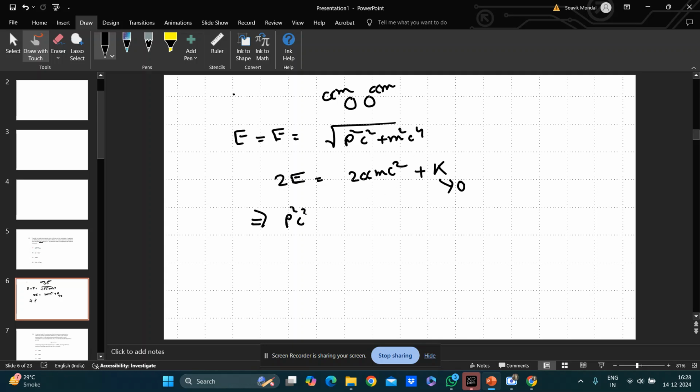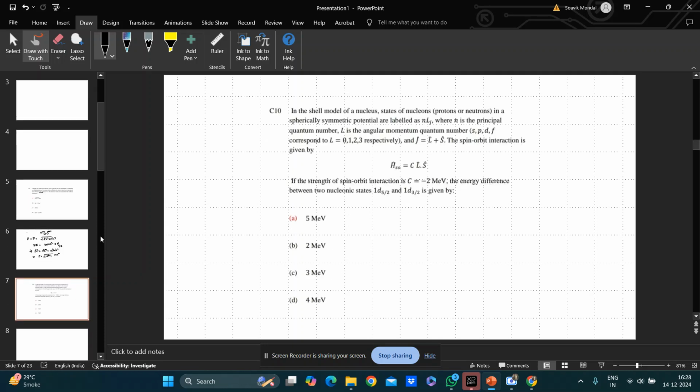So p square c square plus m square c to the power 4 is alpha square m square c to the power 4, and you can simply calculate that p is equal to root under (alpha square minus 1) times mc. So this is the eighth question.